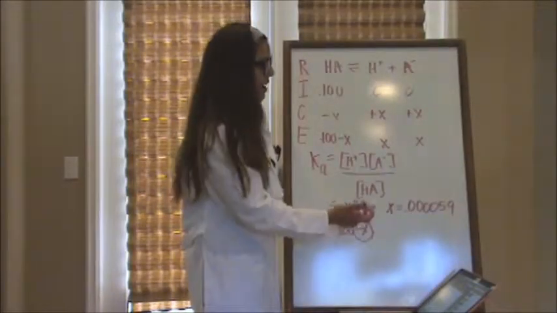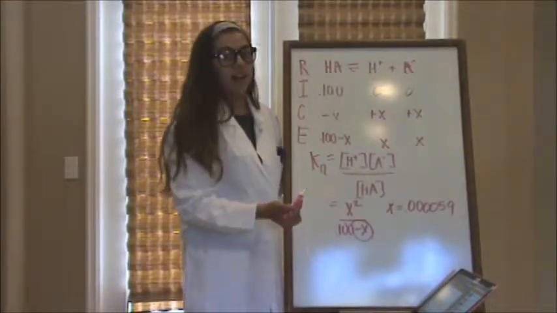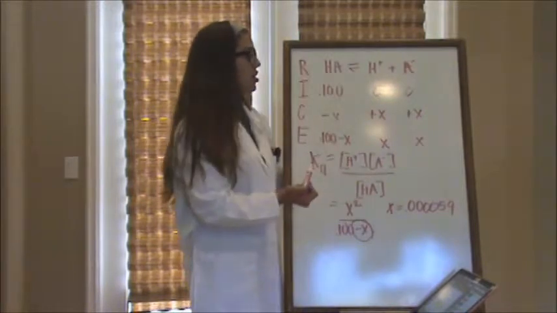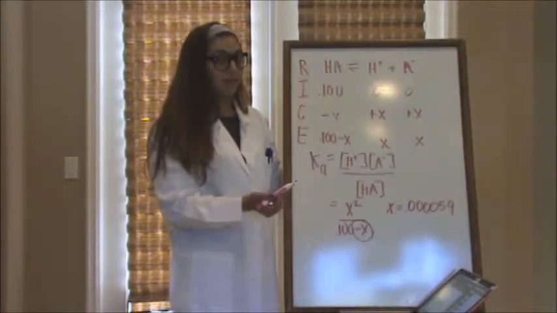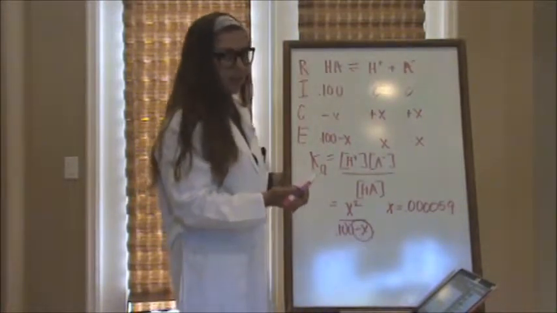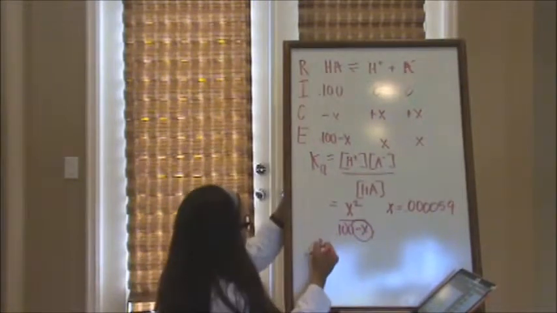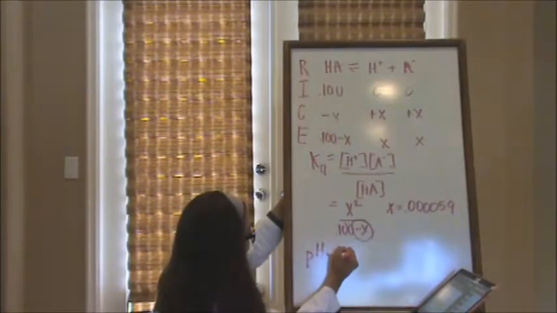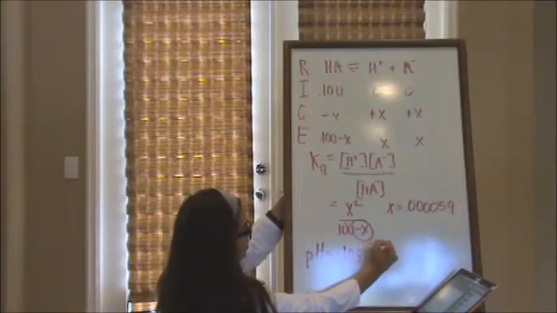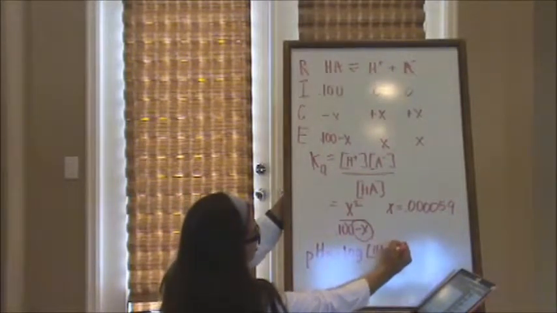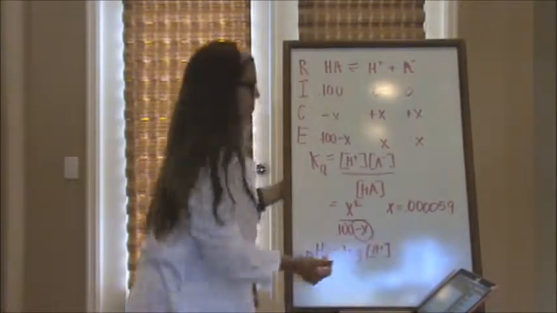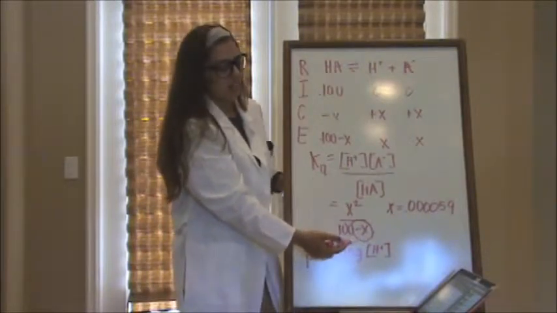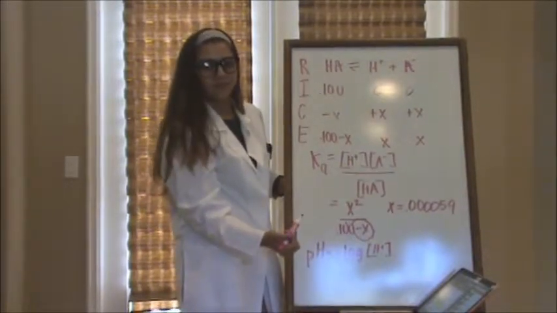Since Olivia found that the x value is 0.000059, we know that the H+ concentration is 0.000059. We can now solve for pH using pH equals the negative log of the H+ concentration. Plugging the x value into the H+ concentration, Olivia will show us what we get.